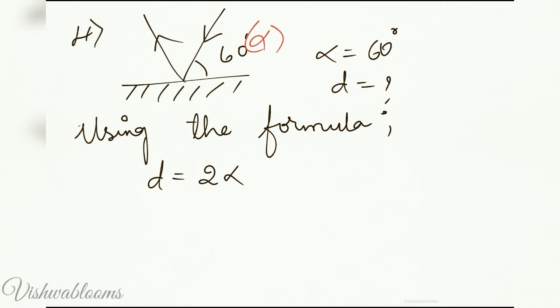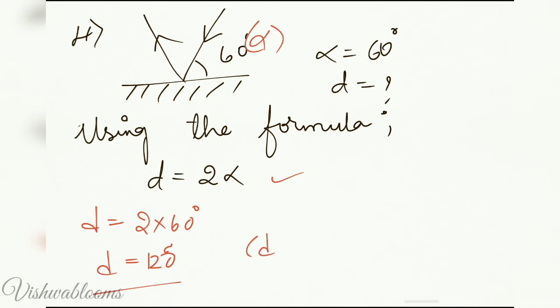When you have alpha, you can directly use the formula: the angle of deviation is equal to 2 alpha. So D is equal to 2 into 60 degrees, D is equal to 120 degrees. That is the angle of deviation, option D.